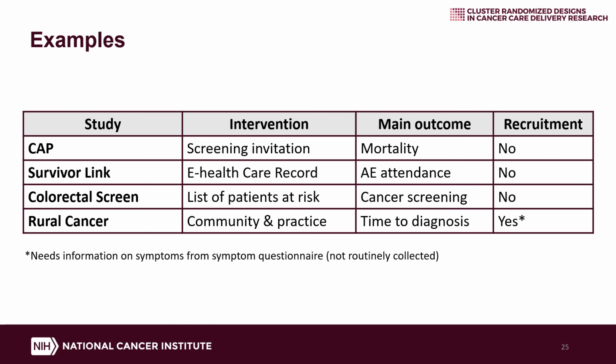So in our 4 examples, 3 of these did individually recruit participants and 1 didn't. Now in patient randomized trials, typically participants would always be recruited. So these examples illustrate that cluster randomized trials are different to patient randomized trials insofar as they might not always recruit individual participants.